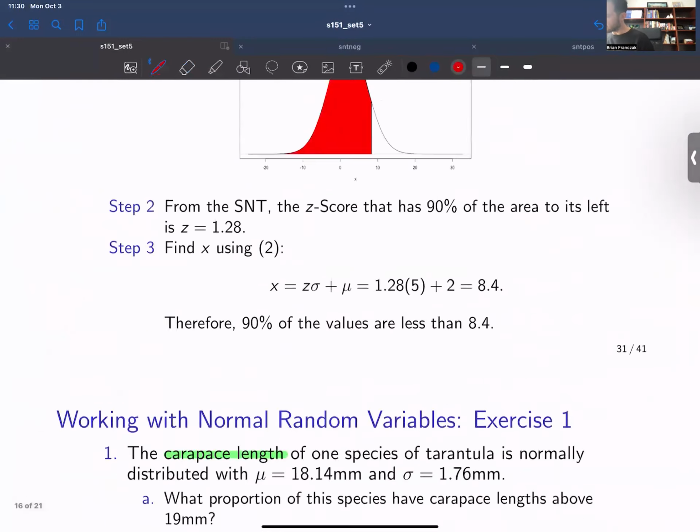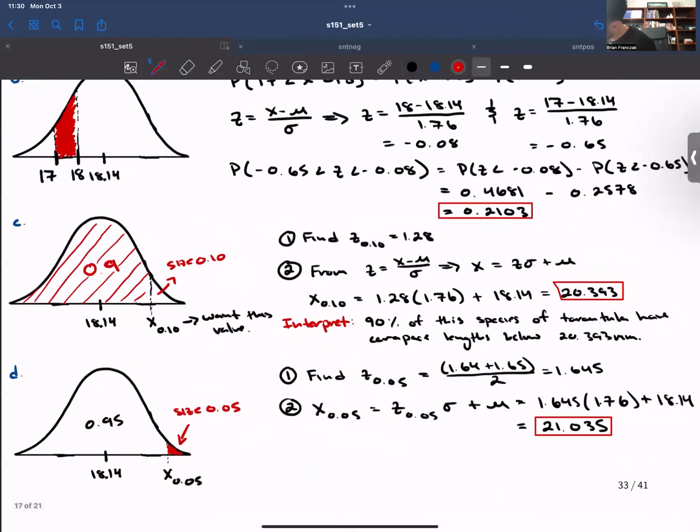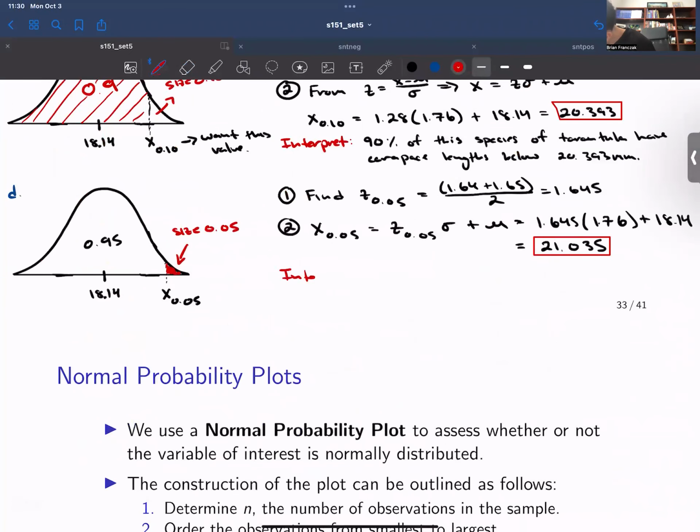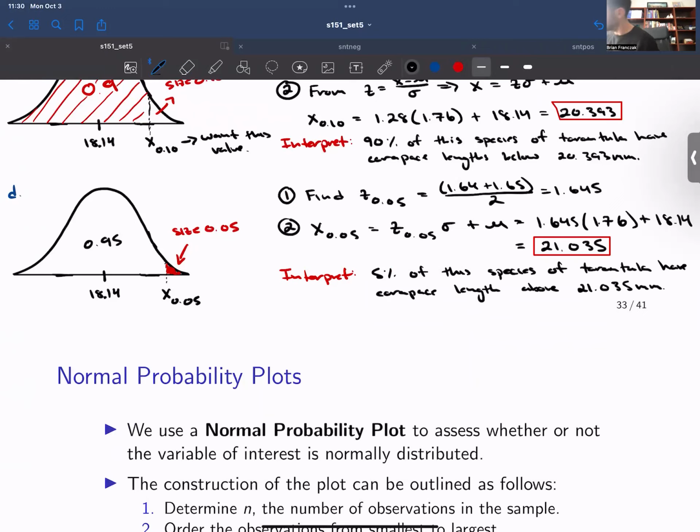And I don't think we're asked to interpret, but just for completeness, here what we could say is 5% of this species of tarantula have carapace length above 21.035 millimeters.